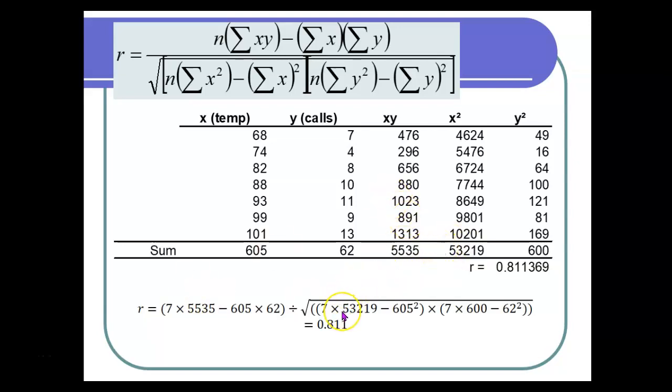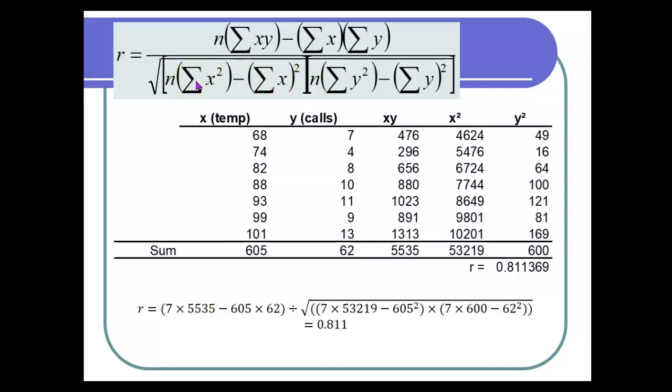Then when I plug numbers into that formula, N is 7. The sum of XY is 5535 minus the sum of X, which is 605, times the sum of Y, which is 62. And then that's all over the square root of, and then there are 2 sets of brackets under the square root sign, right up next to one another because they're being multiplied.